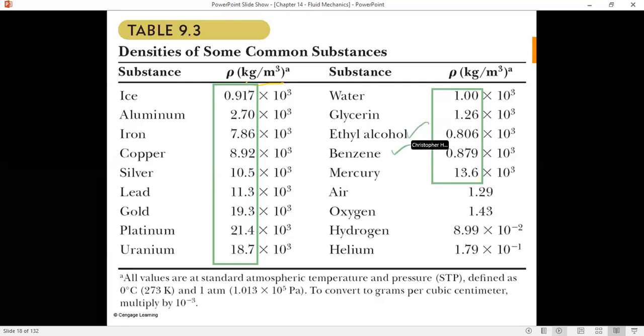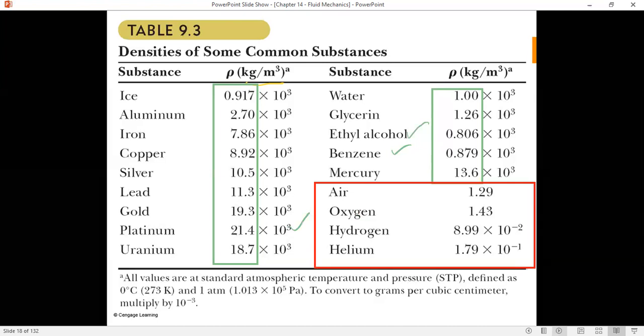All the way up to, I don't have osmium here, but platinum's pretty dense. Here we're talking about low 20s. Of course, when we look at the gases, their densities are much, much lower. And again, these are in kilograms per meter cubed.